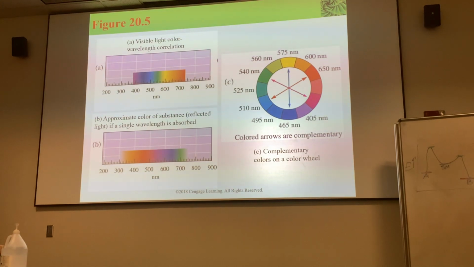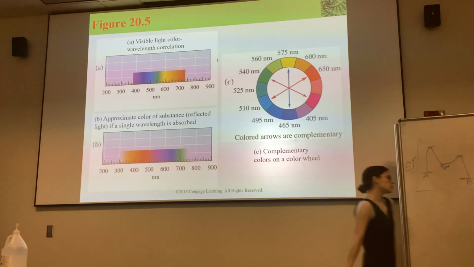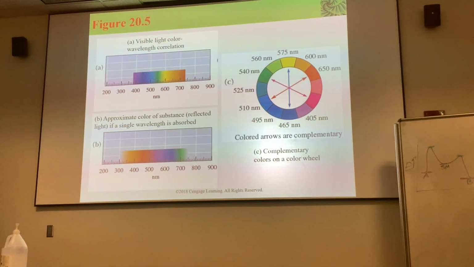Green is the opposite. So if you want to start seeing green, you have to absorb everything except red, right? So these are like the easiest colors to reach. And with metals, you can get all sorts of colors. With organic compounds, we get a whole lot of white and off-white and yellowish and orangish.